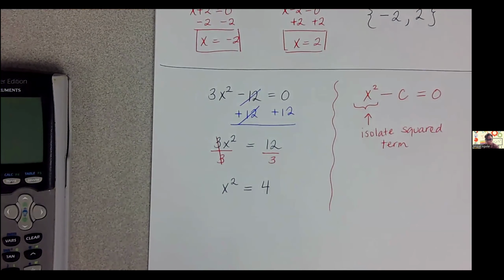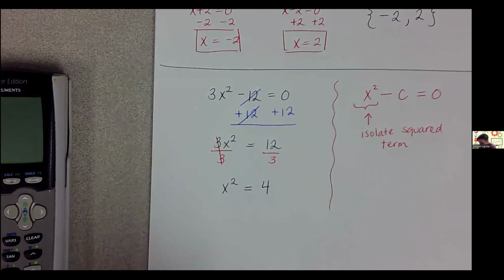Okay. Well, now we get to use something called the square root property because when we're solving equations, what we're trying to do here is get x is equal to a number, or x is equal to a set of numbers. And we know that for quadratics, we should be getting most of the time 2 solutions here.